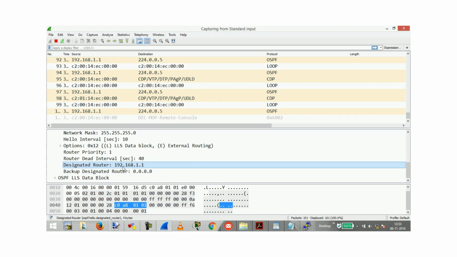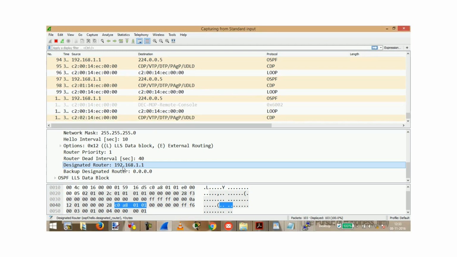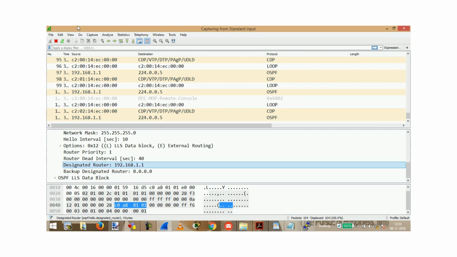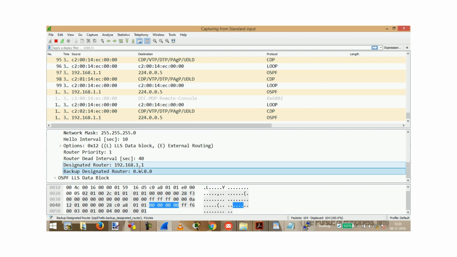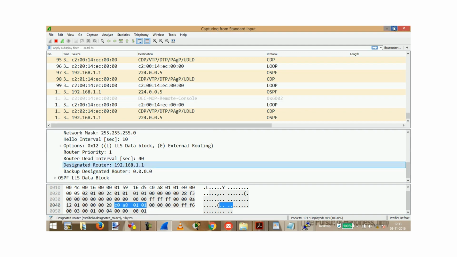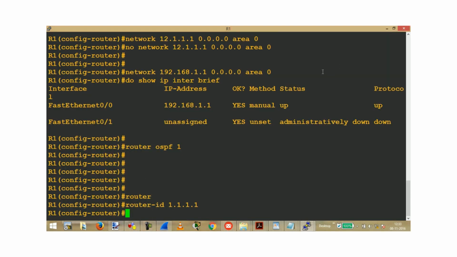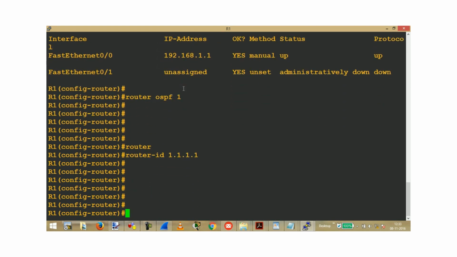So if I am a new router, because of the hello messages, I will come to know that DR and BDR are already there and we don't have to elect a new DR, BDR. Right? If a DR is elected, then nobody can forcefully become the new DR.